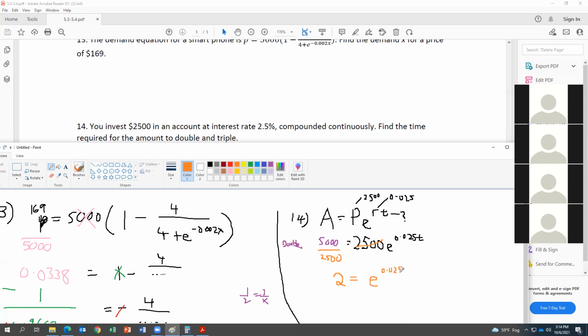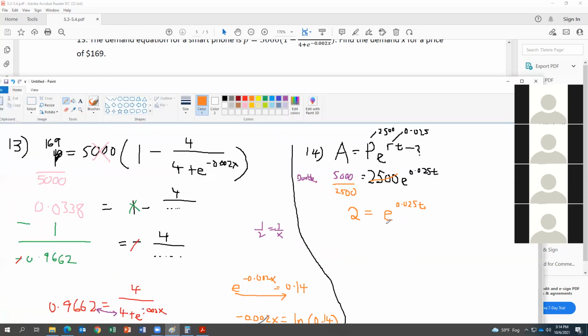And how did we get rid of the e now? You move it over here. Yep. So it becomes ln2 equals 0.025t. And then you divide both sides by what? 0.025. So take out your calculator and figure out what is ln2 divided by 0.025.